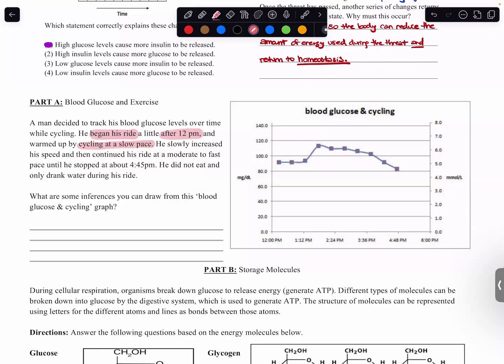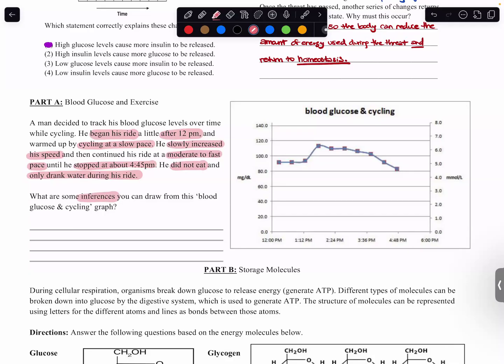He slowly increased his speed, and then continued his ride at a moderate to fast pace until he stopped at about 4:45 p.m. He did not eat and only drank water during his ride. Okay? What are some inferences you can draw from his blood glucose and cycling graph shown to the right?